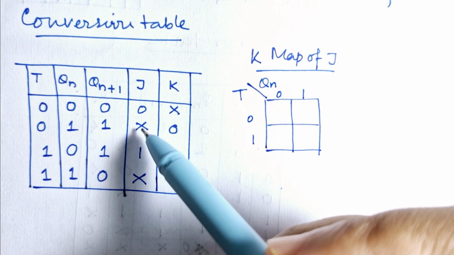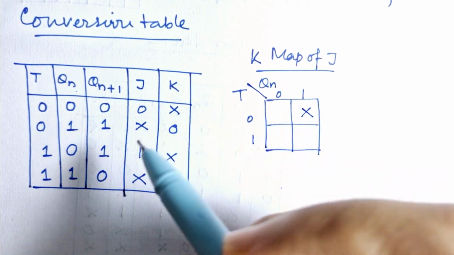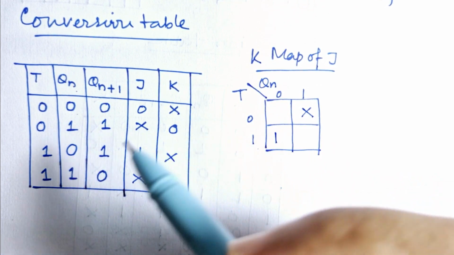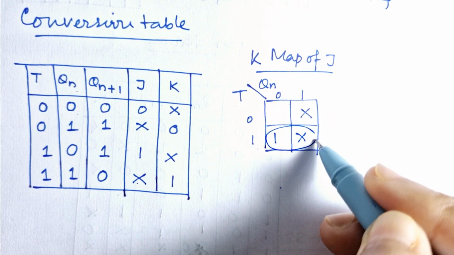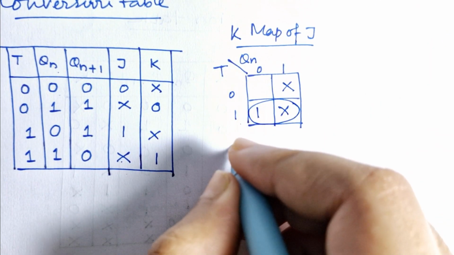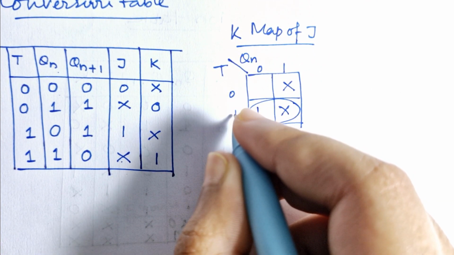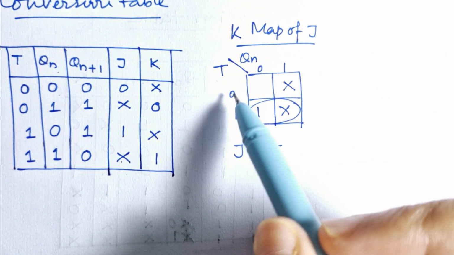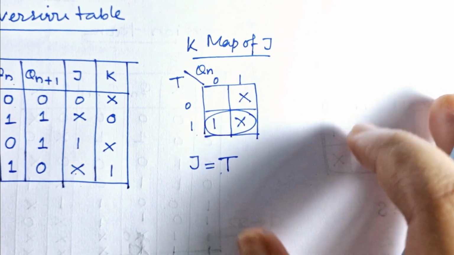Now for J, for T0 and Qn0 we have 0, for T0 and Qn1 we have 1, and for T1 we have don't cares, x x. So you pair like this, including the 1, and J becomes, in these cells the common term is T1, that is T. If 0 was common, then it would be T bar, but here 1 is common, that is J equals T.